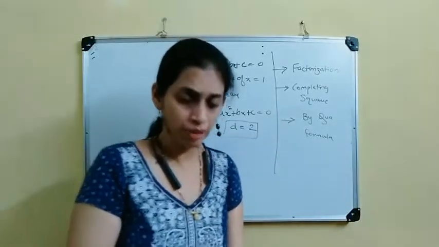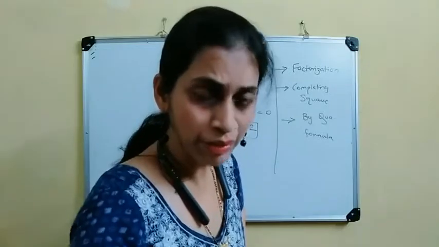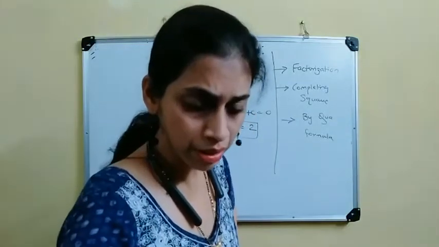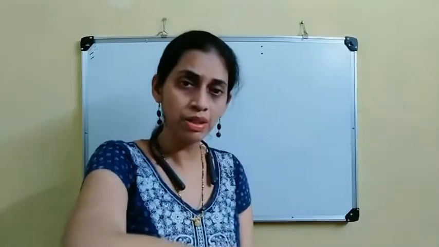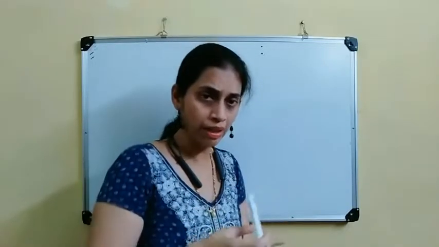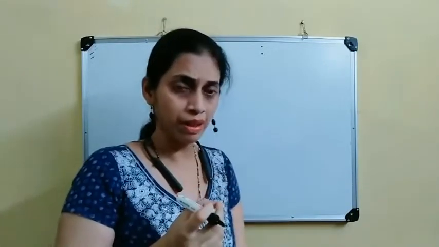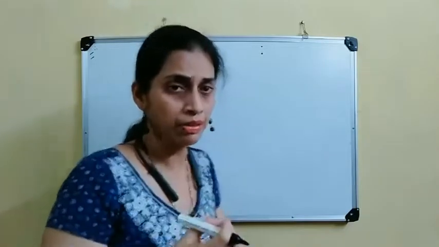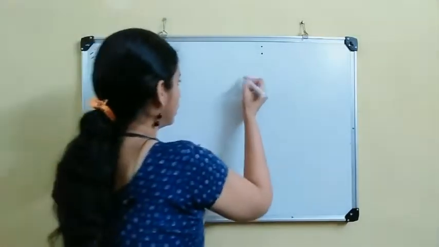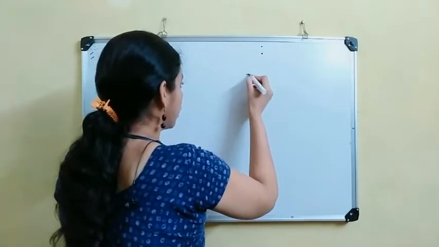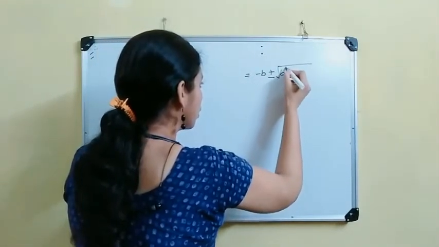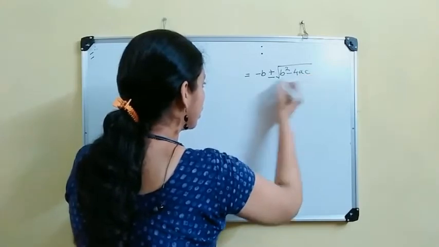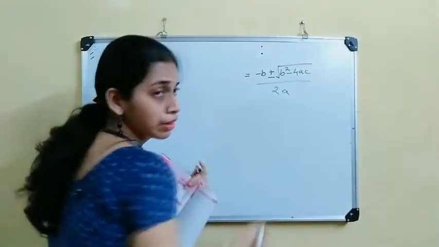Correct? Now I am going to make you understand one more concept, which is understanding the nature of roots. But before going to that, we first try to understand what the quadratic formula is. The quadratic formula is x = (−b ± √(b² − 4ac)) / 2a.